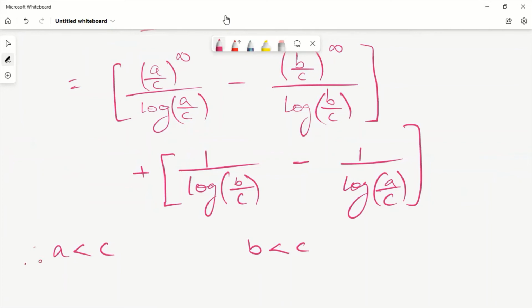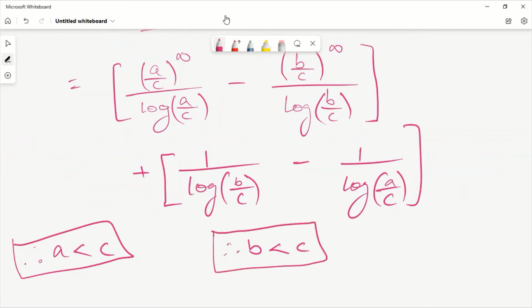So if you remember these two conditions which were given in the beginning of the question, this will become 0. This is 0 power infinity; however many times you multiply 0, it will be 0.